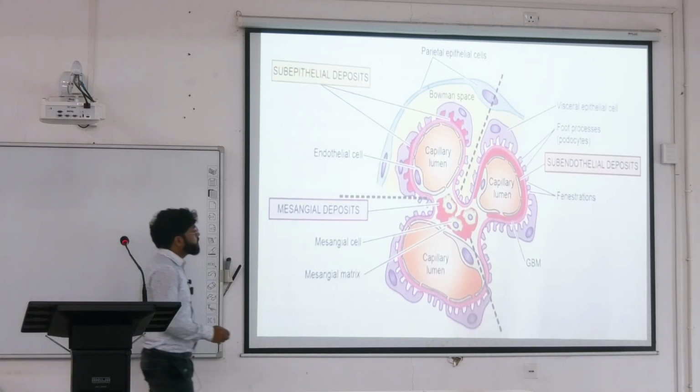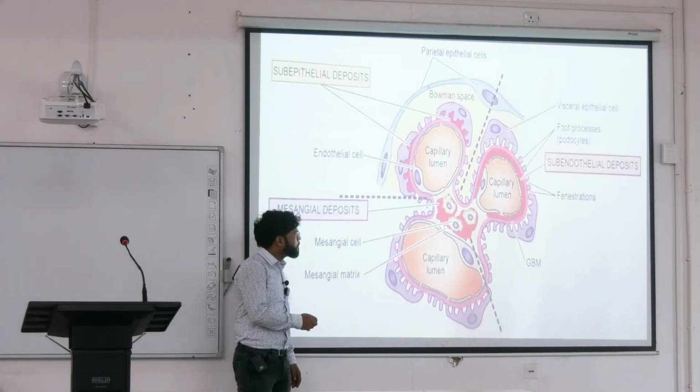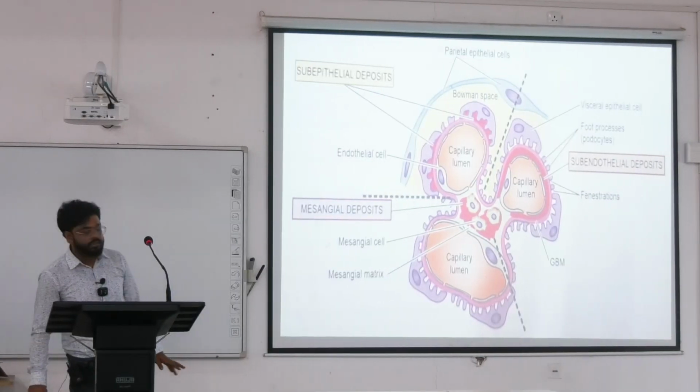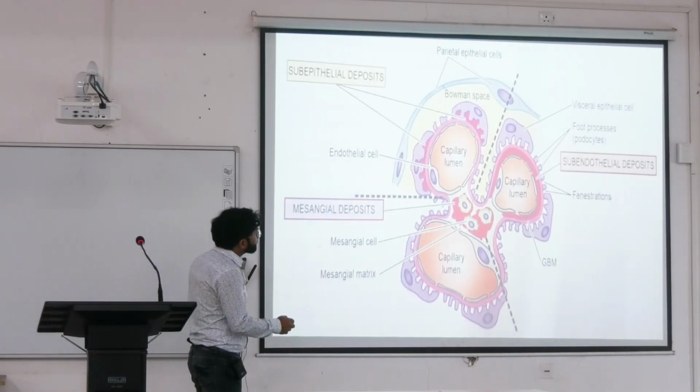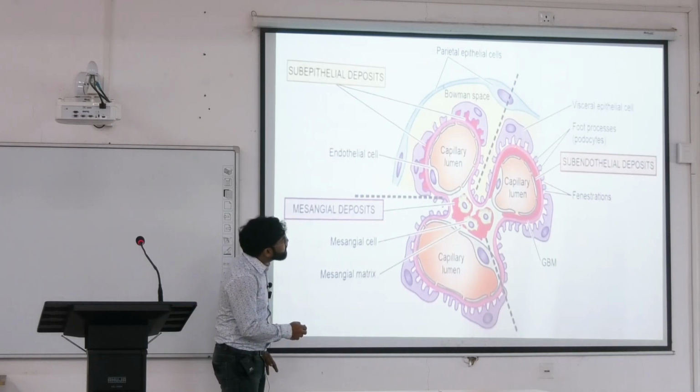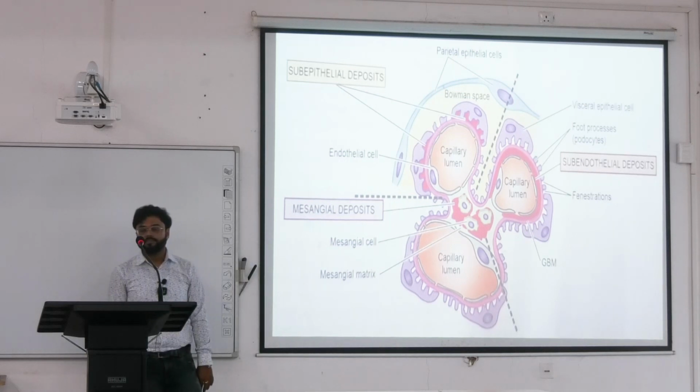Mind it. So if the immunocomplex is depositing within the mesangium, it is known as mesangial deposit. If it deposits between the endothelium and the basement membrane, it is subendothelial.